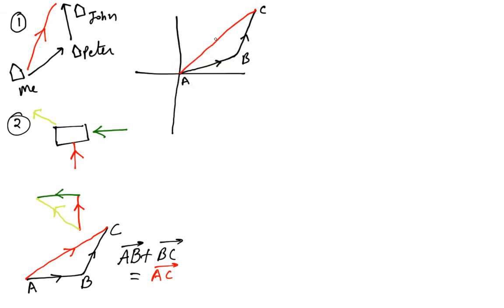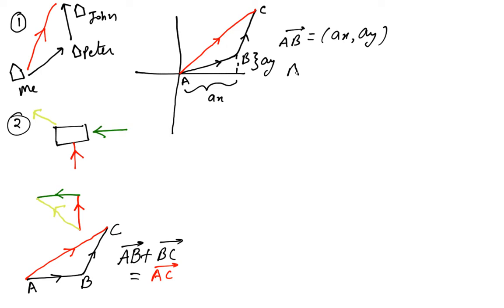How would you apply it in physics or in terms of numbers? Now, we already have talked about the Cartesian representation of vectors, and let's say the Cartesian representation of vector AB is AX comma AY. Remember what AX and AY were? AX and AY were the projections the vector makes on the x-axis and on the y-axis.